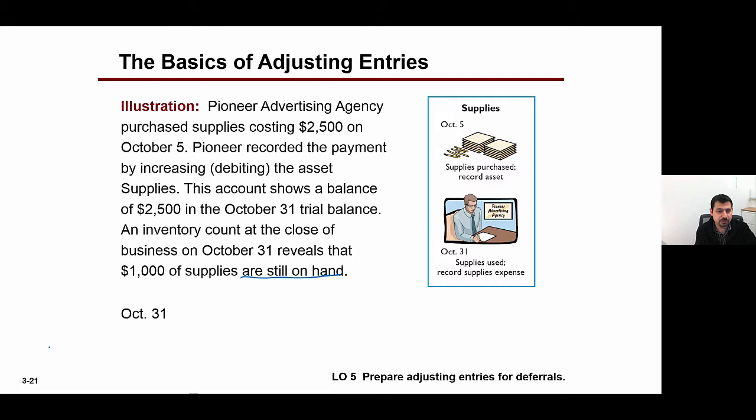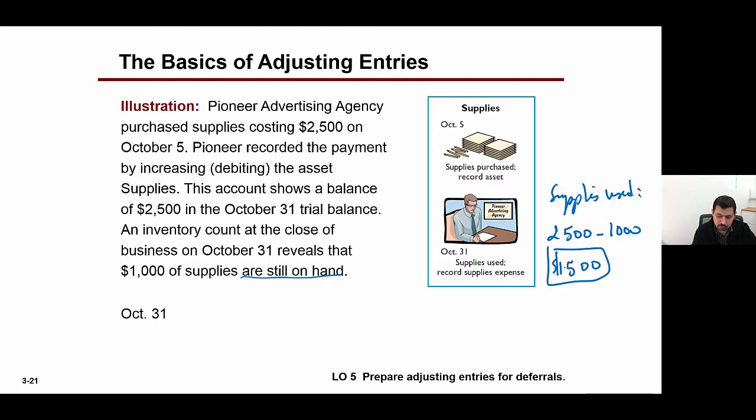So in order to fix this, we make a journal entry. The supplies used are 2,500 minus the 1,000 that remains, which is $1,500.